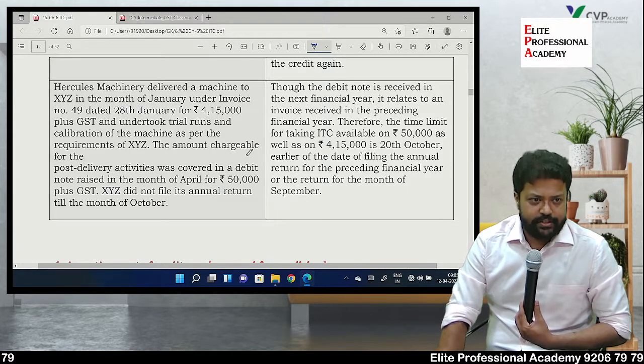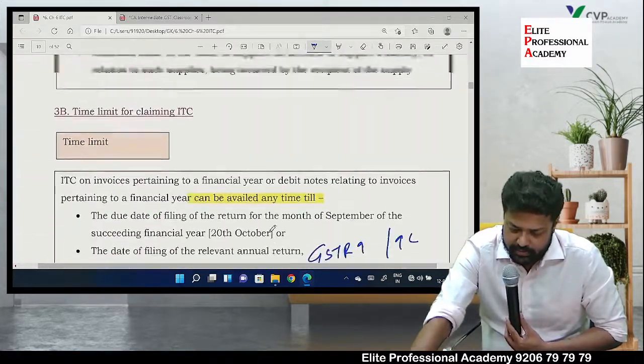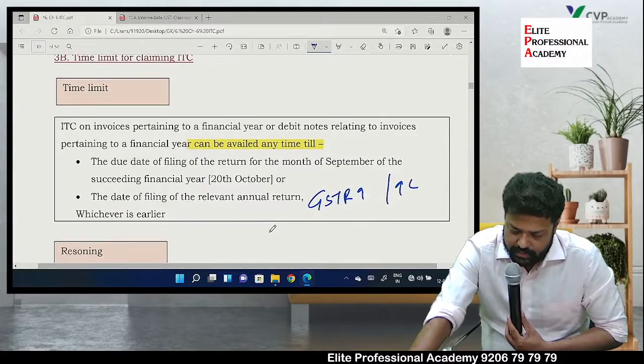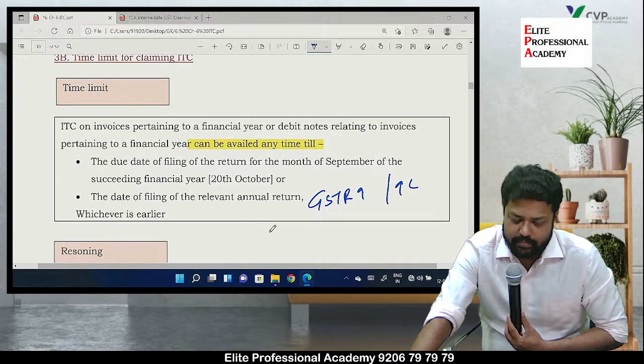Now, before you answer the question, I want you all to go to page number 204 again and read the 3B in that time limit tab.